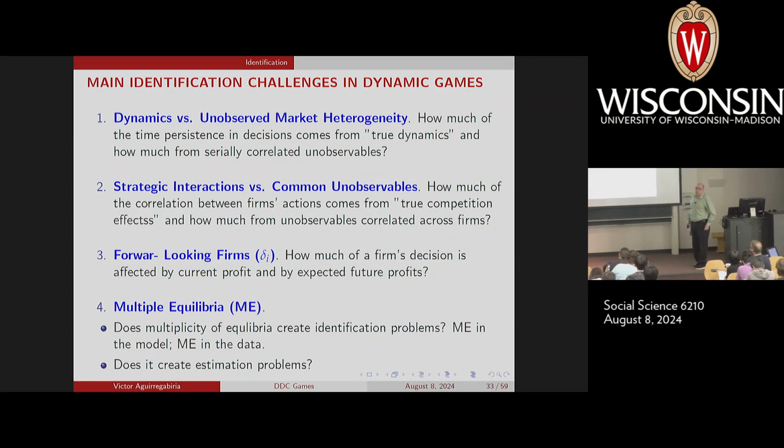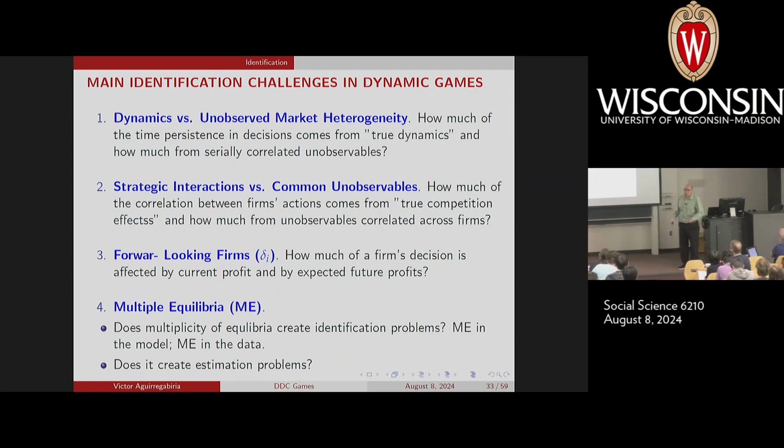Then there are different identification problems in this literature. Okay. First, when we have unobserved heterogeneity, from the point of view of the researcher, that is persistent over time, then we have the well-known problem that if we do not account for this unobserved heterogeneity, we can spuriously find dynamic effects.